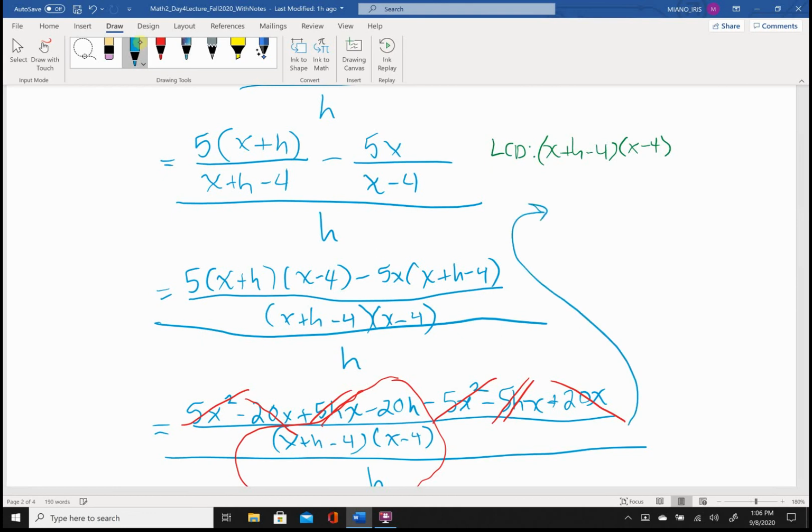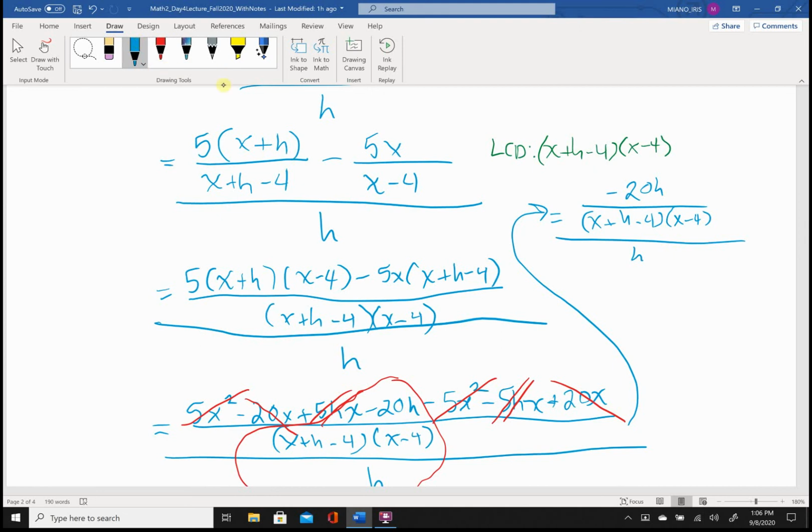So moving on from here, I am left with negative 20h over x plus h minus 4 times x minus 4. And all of that is over an h. So notice that we're dividing by an h here.